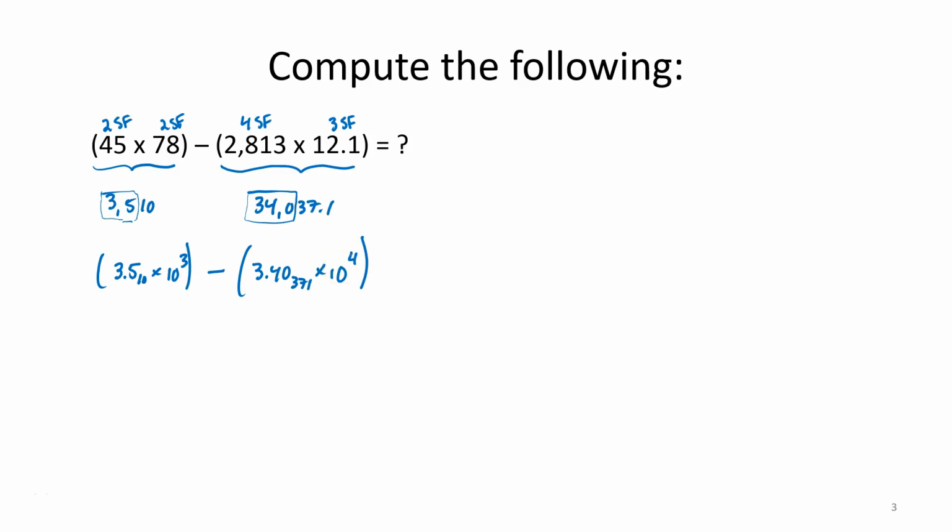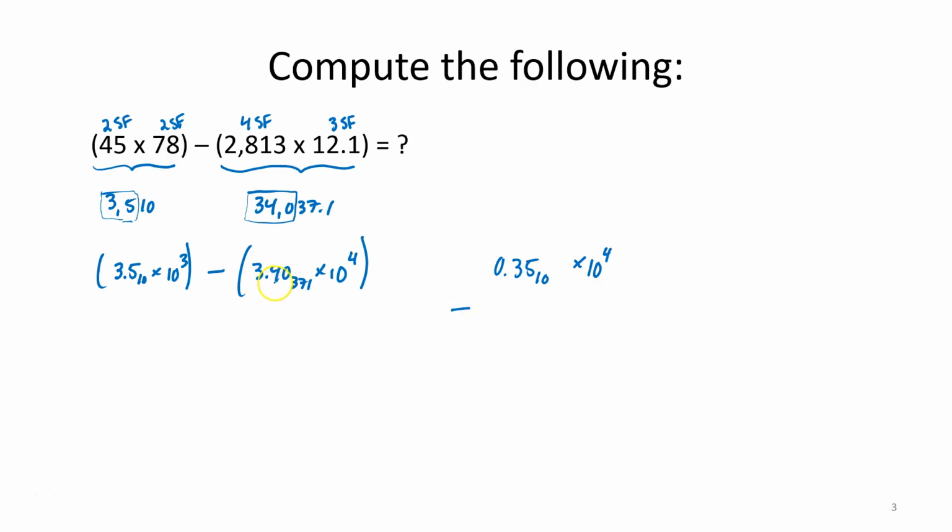So I usually convert to the higher power. Let me rewrite this as something times 10 to the fourth. So 10 to the third converted to 10 to the fourth means I've multiplied by 10. I've got to divide this by 10. So that's 0.35 with an insignificant 10.